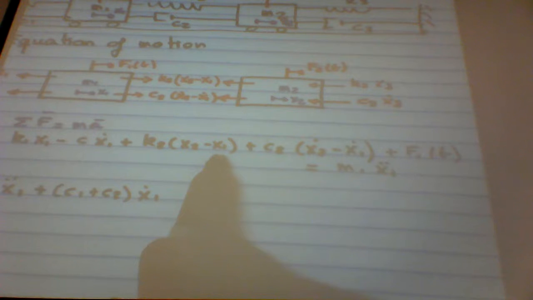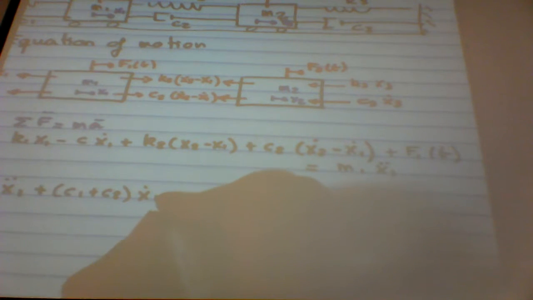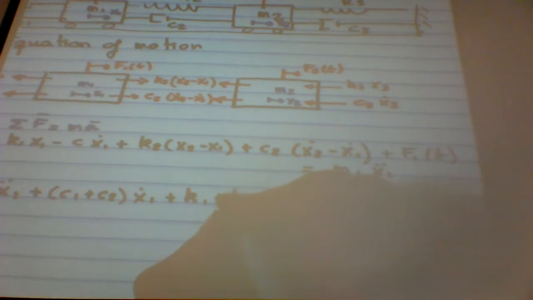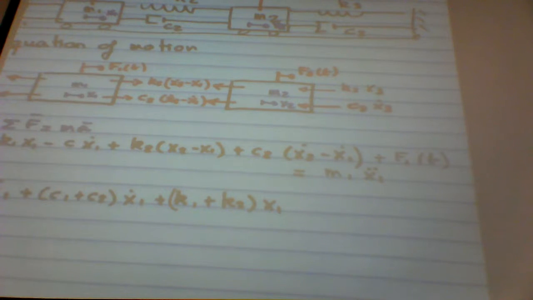It would be plus K1 plus K2 times x1. Then what are you going to have? Minus K2 x2, over here.